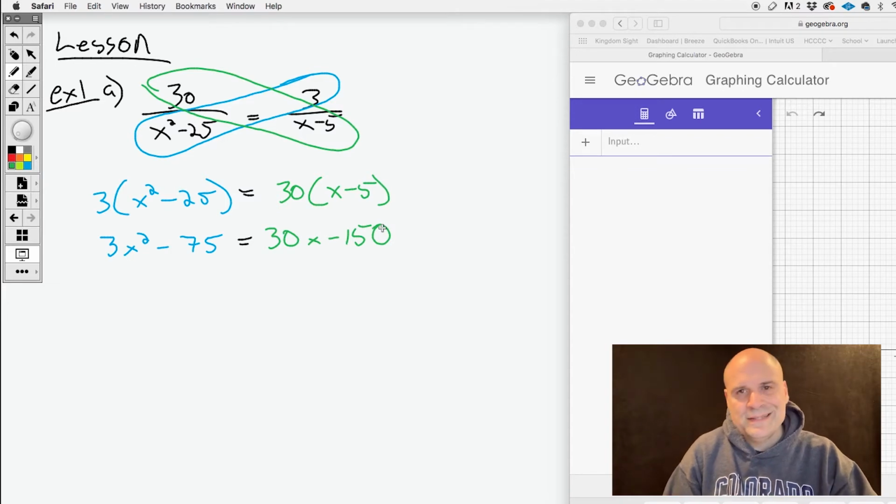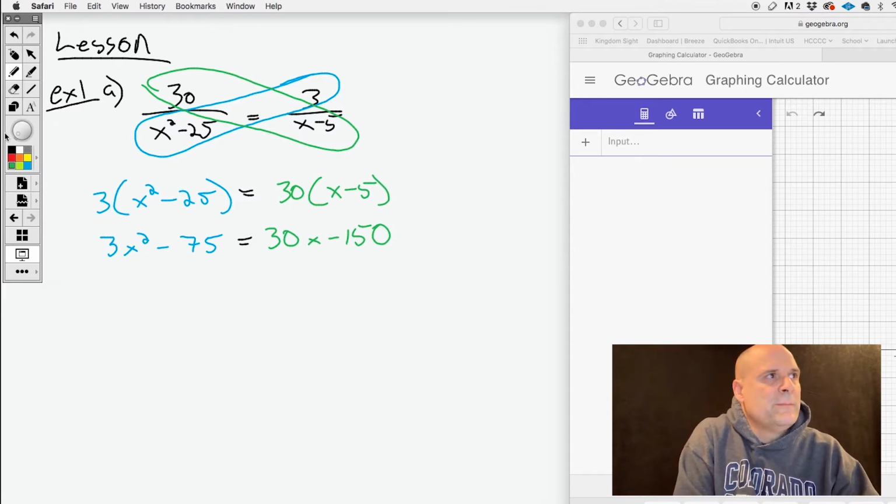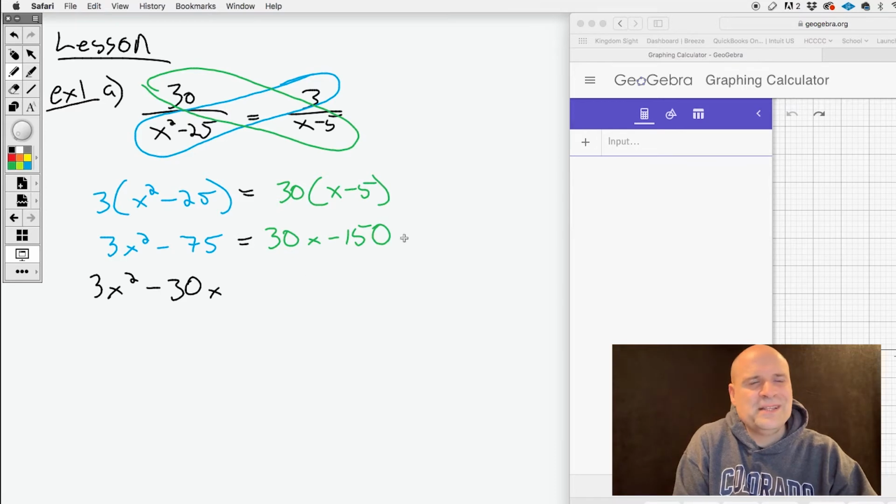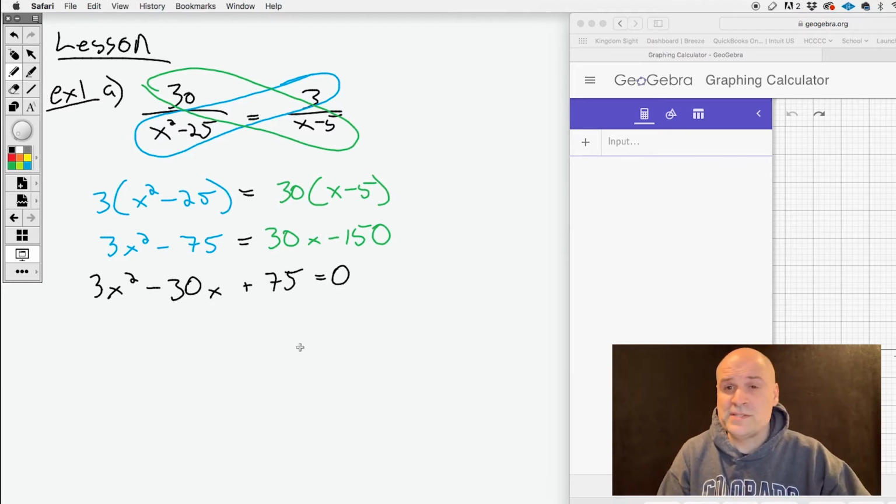Let's get everything on one side with 0 on the other. So you end up with 3x squared minus 30x, and you bring that 150 over here, it becomes a positive 150, so you end up with 75 equals 0.